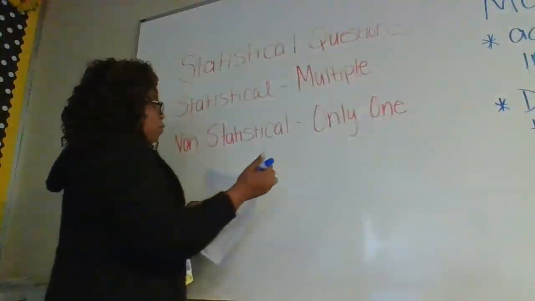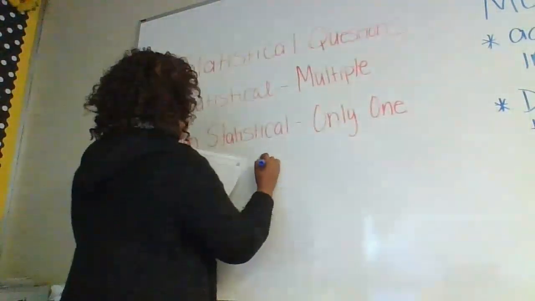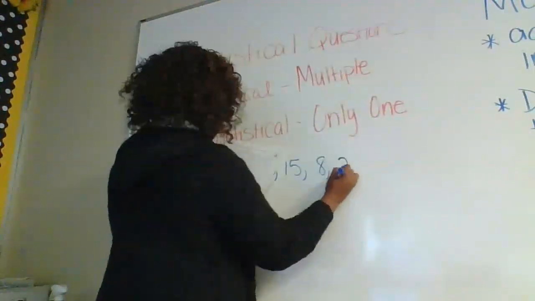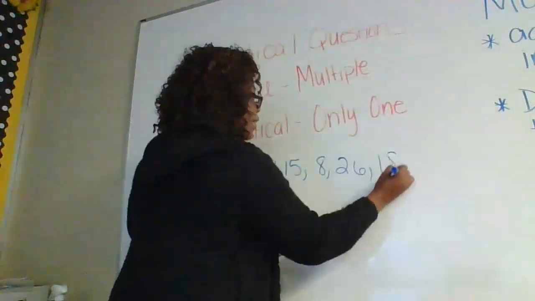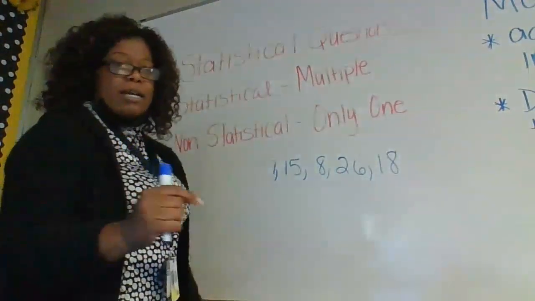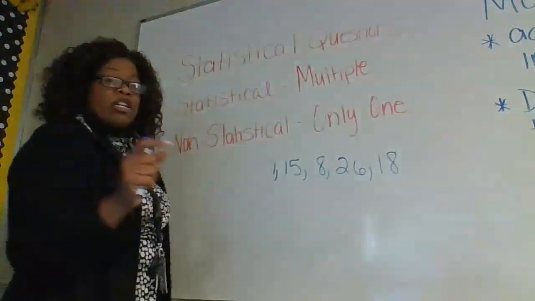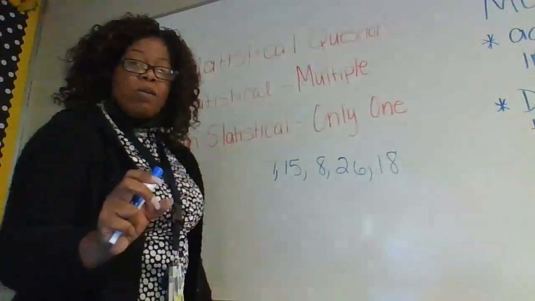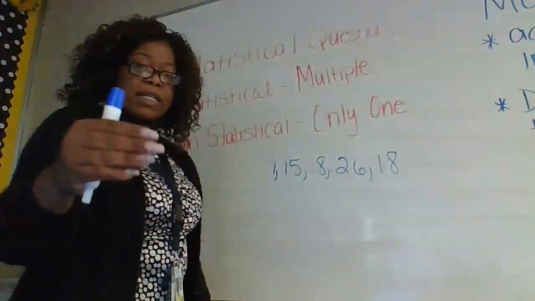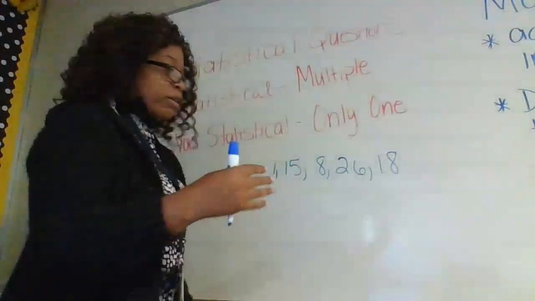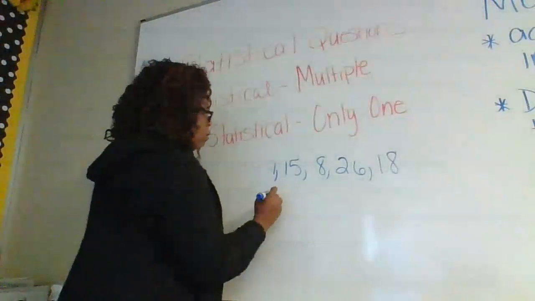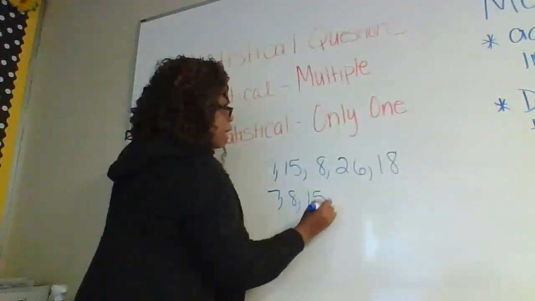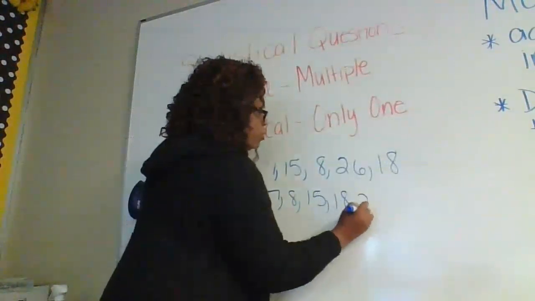In this case, our first set, we're going to have 7, 15, 8, 26, and 18. The first thing that we have to do is put these in order from least to greatest, or what we call order your data set. So in this case, we will now have 7, 8, 15, 18, and 26.